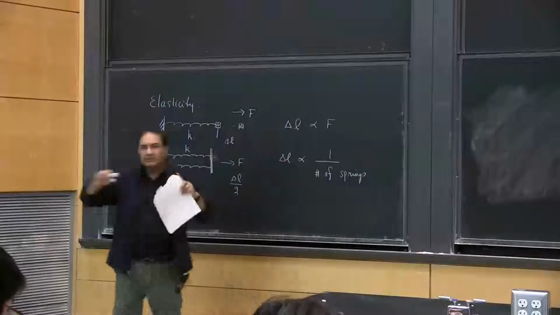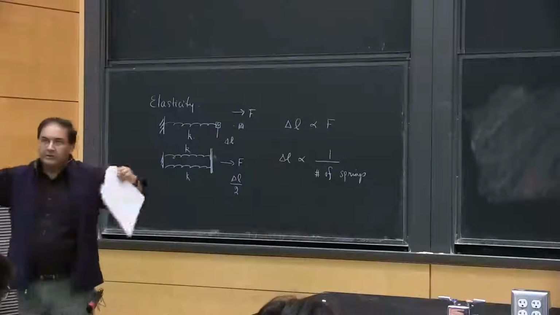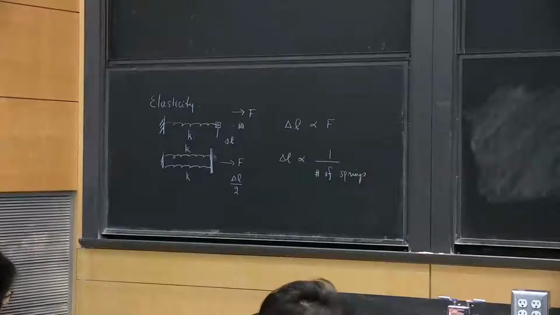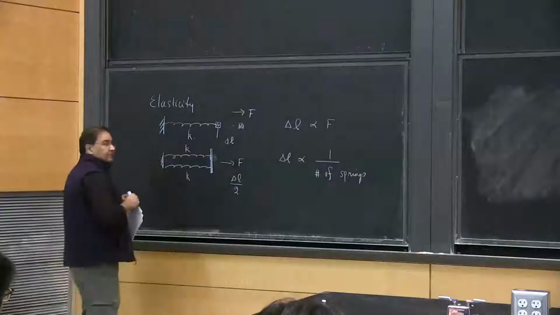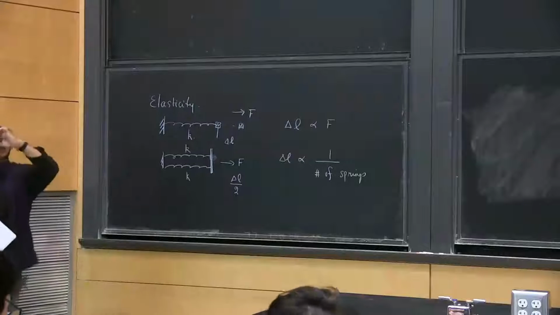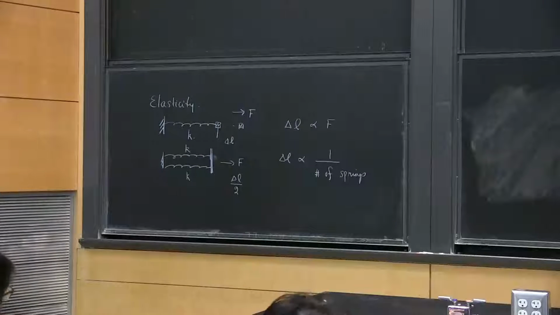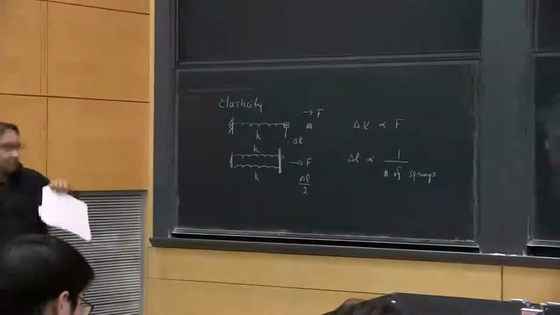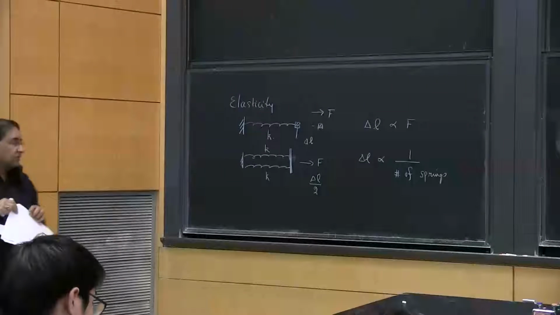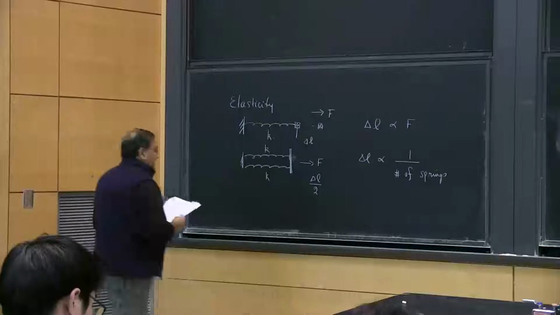So if you are thinking about an actual wire with a cross section, then that delta L would be inversely proportional to the cross section of the wire. If you have a thick wire and you pull it, that thick wire will have less of a stretch. If you have a thinner wire, that will have more of a stretch.